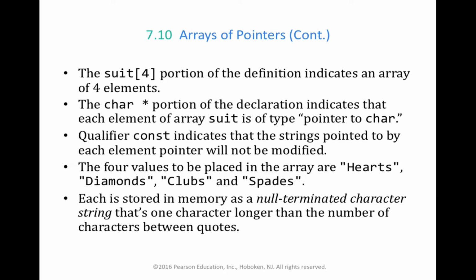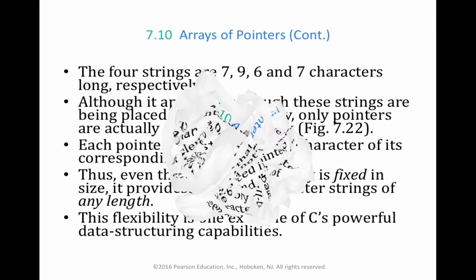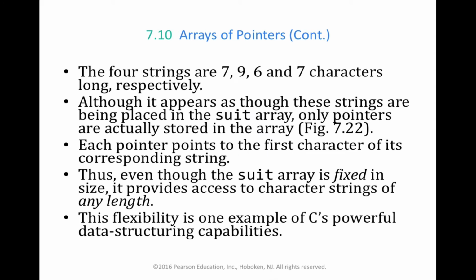So the 4 values placed in the array are hearts, diamonds, clubs, and spades. Each is stored in memory as a null terminated character string that's 1 character longer than the number of characters between the quotes, as a string is stored. So the 4 strings are 7, 9, 6, and 7 characters long.